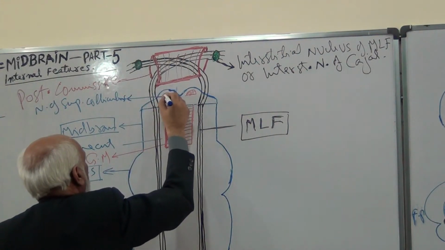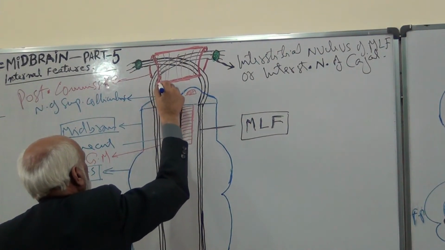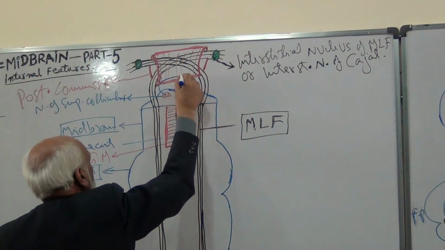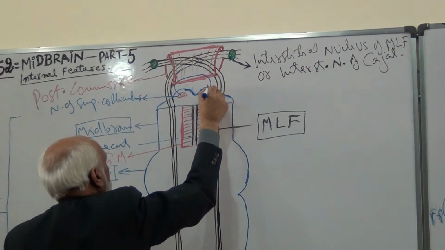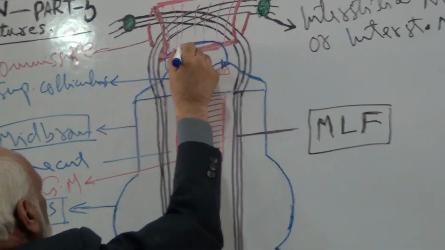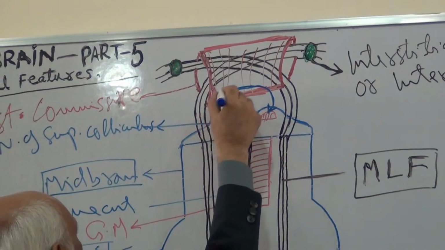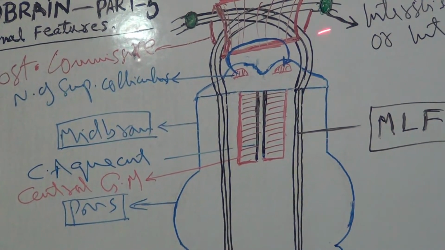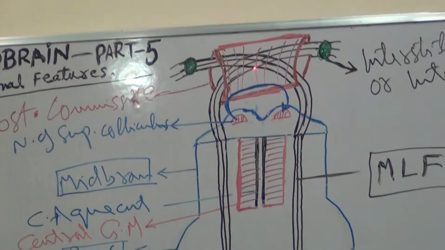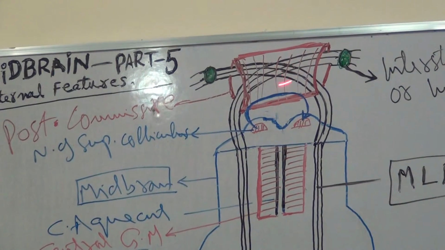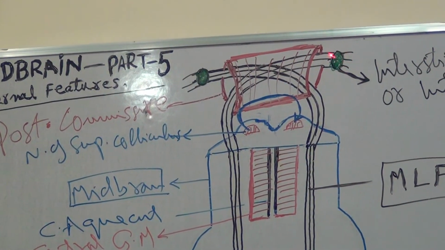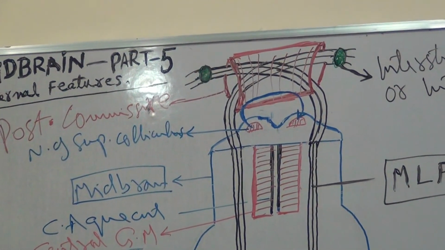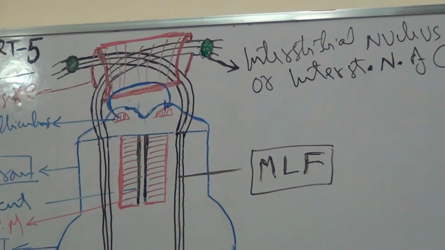Its fibers also pass through the posterior commissure and interconnect the superior colliculi with one another. So in this way you can see the posterior commissure is a bundle of commissural fibers in the lower part of the posterior wall of the third ventricle. Through it, the interstitial nuclei of Cajal and the nuclei of the superior colliculi interconnect.